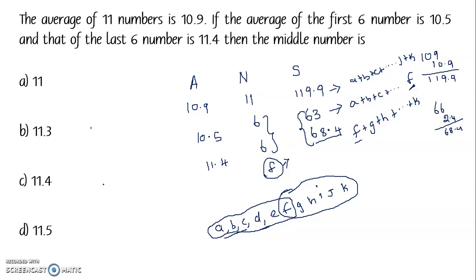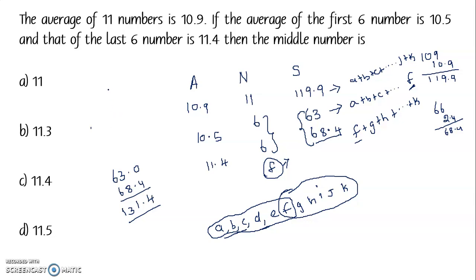Okay, so it will be like first 63 plus 68.4. Okay, you need to add this, 8 plus 3, 11. It will give me 131.4.